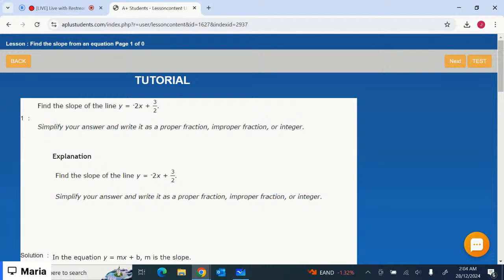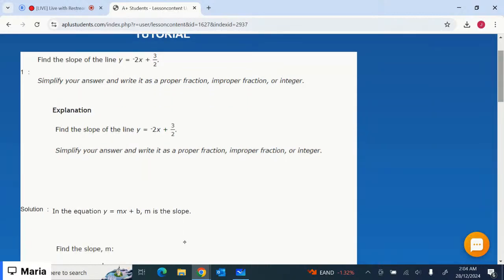Let's start with the first example: find the slope of the line. The line is y equals negative 2x plus 3 over 2.